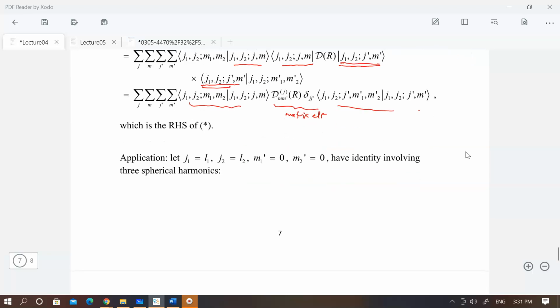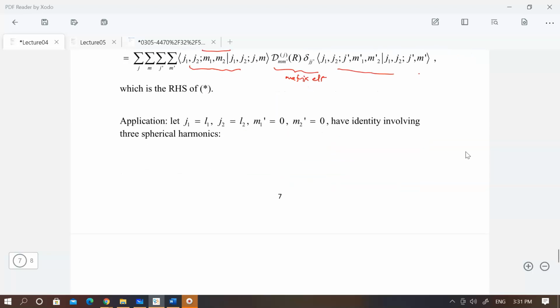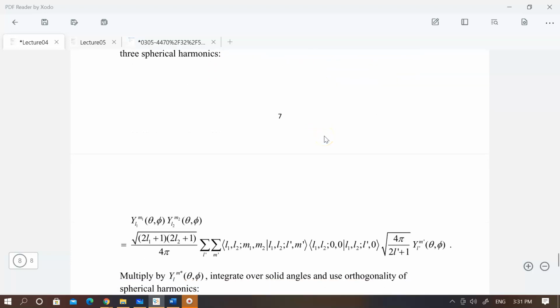So let's consider this particular case of J1 equals L1, J2 equals L2. So your rotation operators are according to some orbital angular momentum, and then you let M1 and M2, M1 dash and M2 dash be 0.